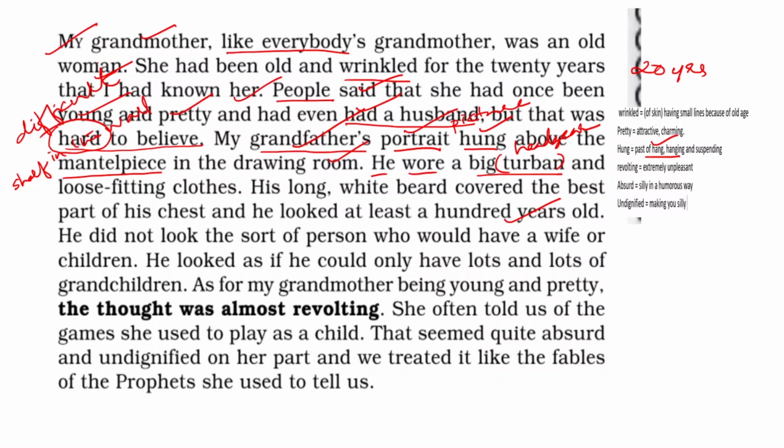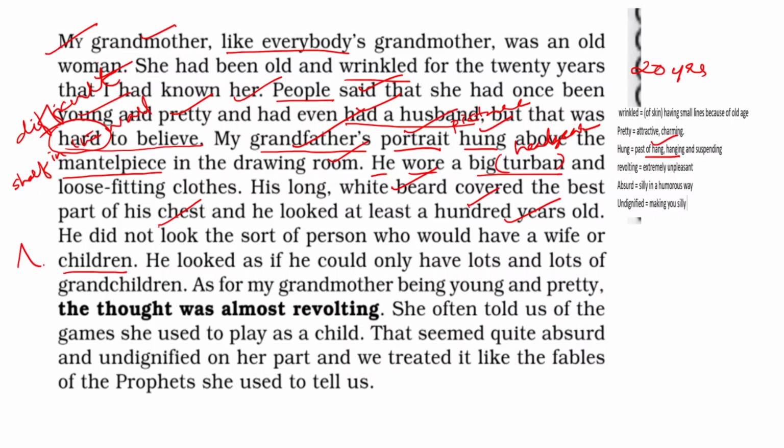This is the picture Khushwant Singh gives us about his grandfather. That white beard covered the best part of his chest and he looks at least 100 years old, this grandpa. He did not look a sort of person who would have a wife or children.